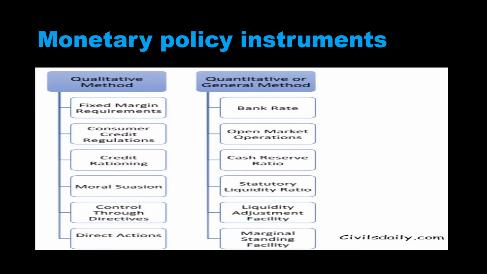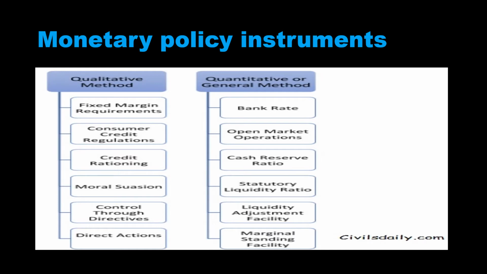So for that, we already divided the instruments into two types. One is the quantitative method, another one is the qualitative method. Okay. By using these two types of instruments, we will control the money supply in the economy and help the growth of the economy through this monetary policy.